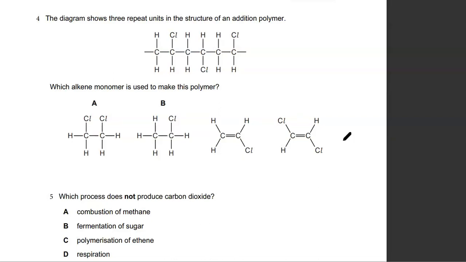C. Polymerization of ethene. Oh, sorry, I'm looking at question 5. Question 4. You said it's C. Brilliant. This should be C and this should be D. So this is C, correct, because your repeating unit is this. So how do you form your monomer from your repeating unit?